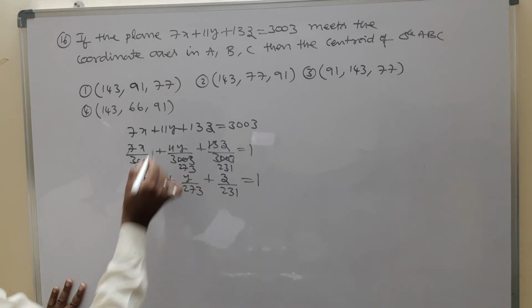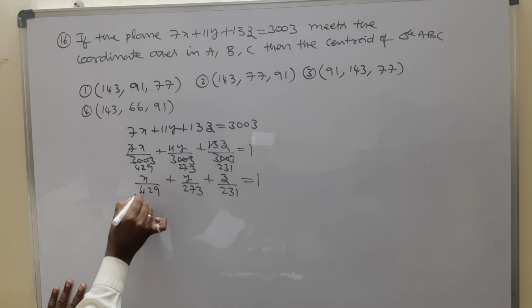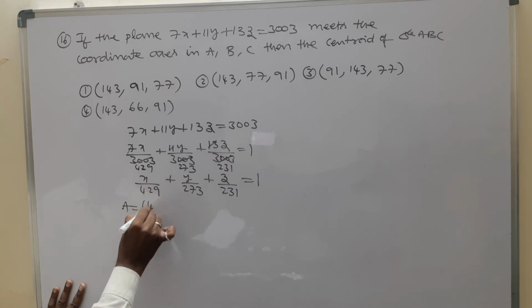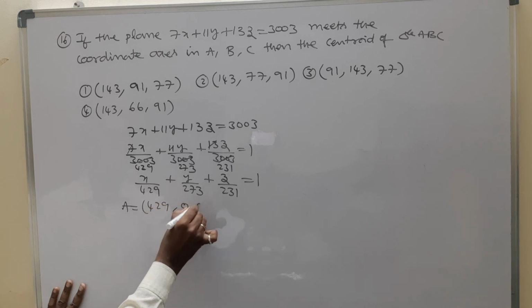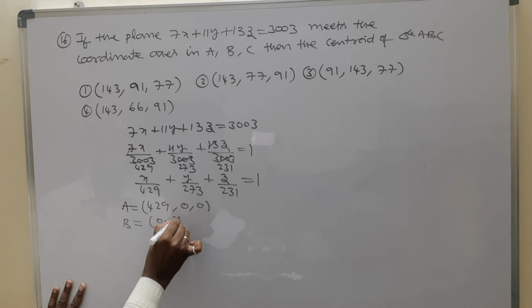This is the plane intercepting the coordinate axes. Capital A, x-intercept, equals (429, 0, 0). Capital B equals (0, 273, 0).